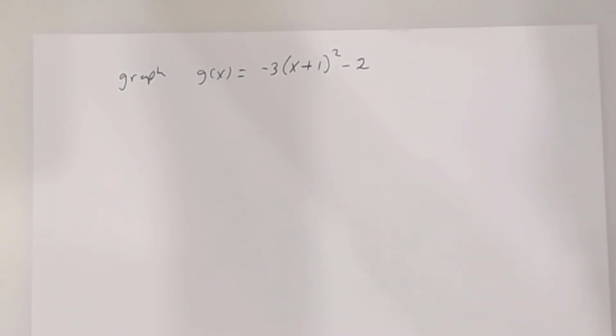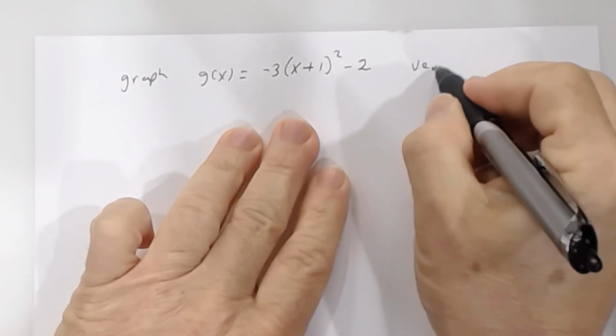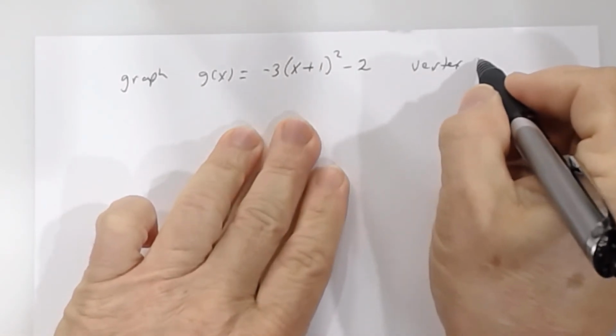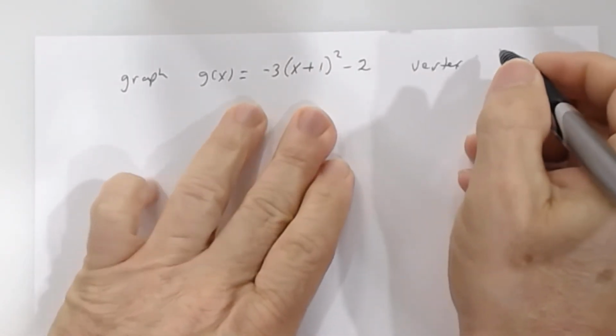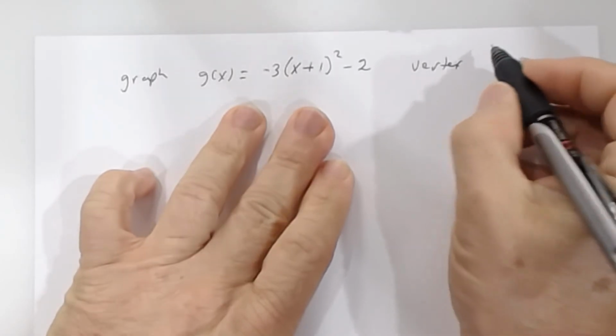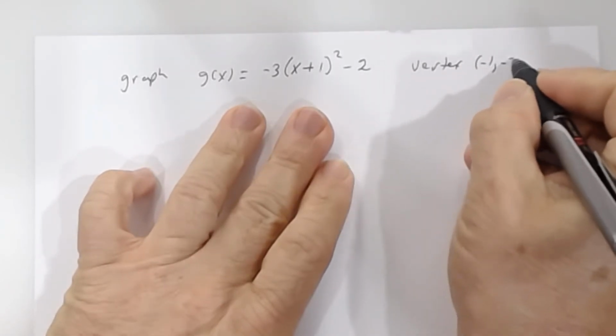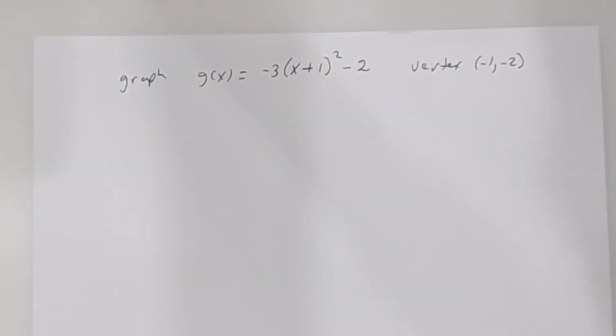What's the vertex? Very good. (-1, -2). If you didn't see it was -1 and you said 1, you better talk to your neighbor, because remember, it has to be in the form x minus h. So x plus 1 is really x minus a what? -1. So that's why h is -1.